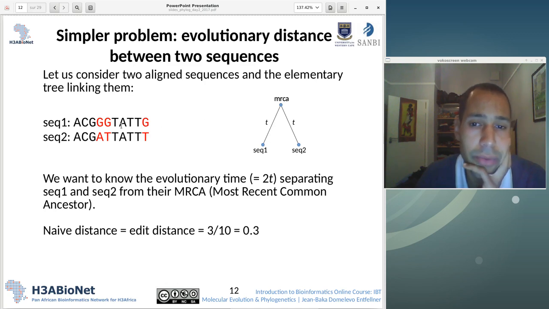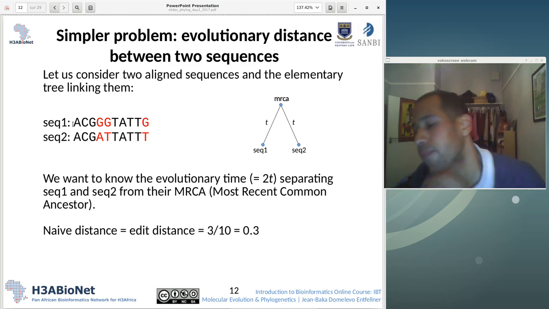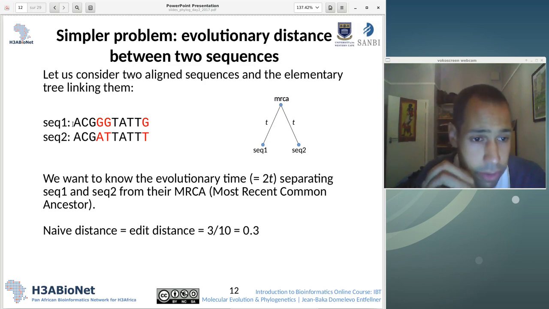So imagine we have two sequences and they are aligned. First, think about the fact that if you have aligned sequences, it means that you got these sequences and you figured out that they are homologous in a way.